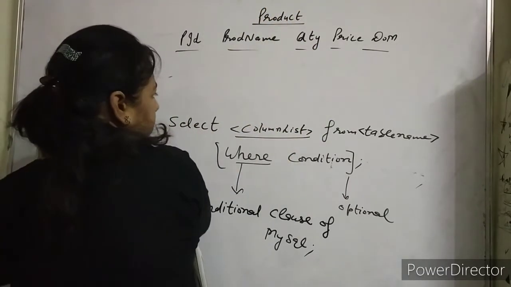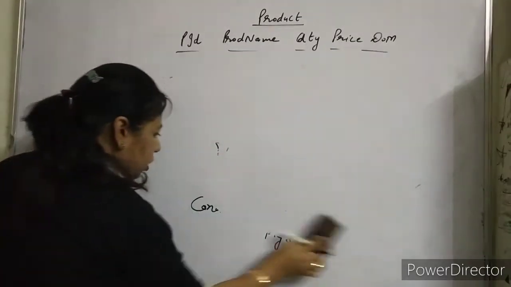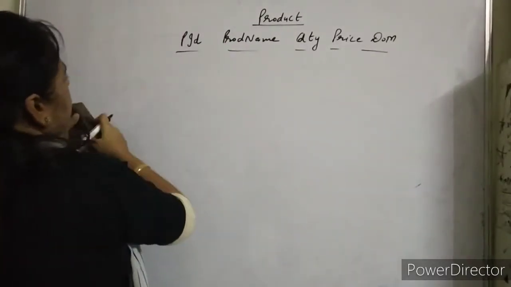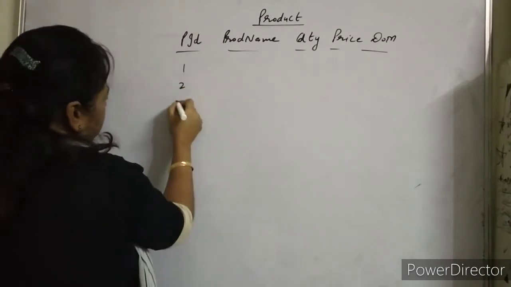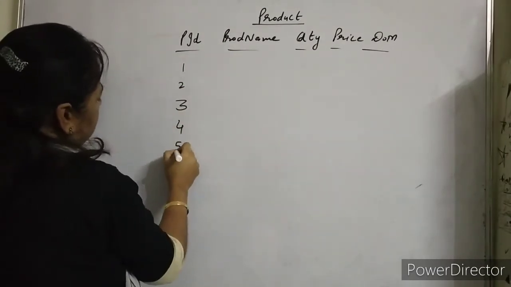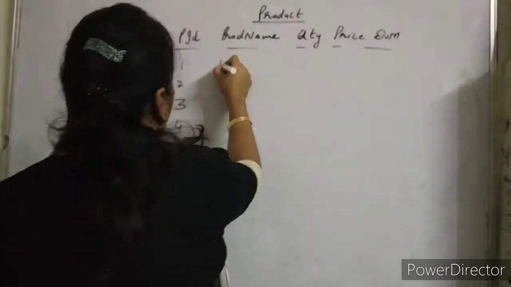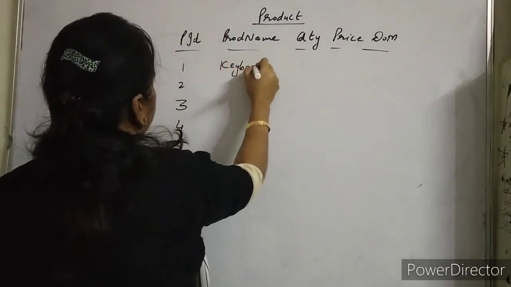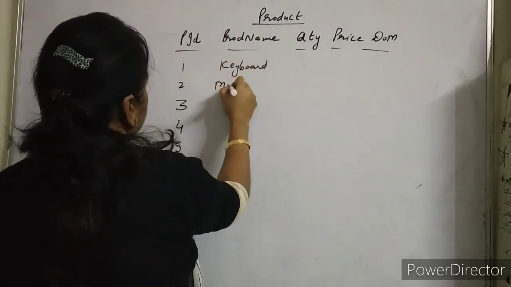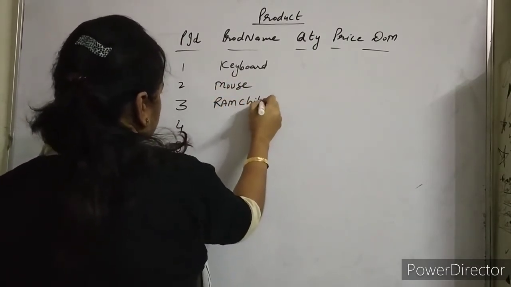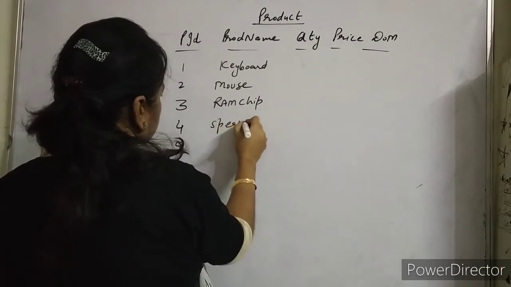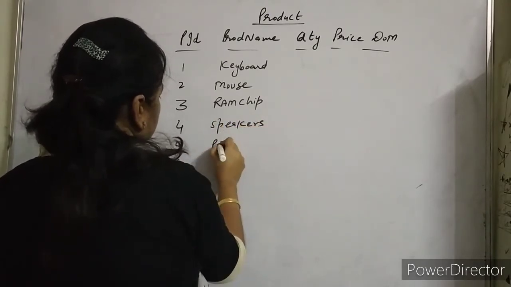I am taking some example records here. Product ID, suppose 1, 2, you can take P1, whatever data type you have taken. Suppose I am taking here keyboard, mouse, RAM chip, speakers, processor.